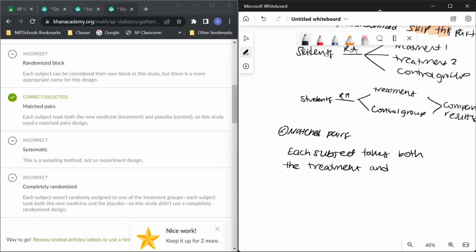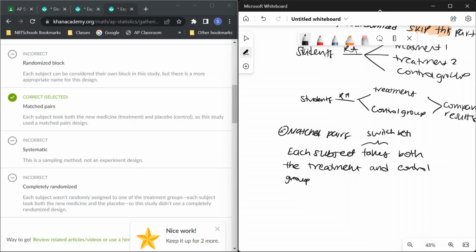A control group can be a placebo. So each subject takes both the treatment and control group at some point in time. I don't think it could be at the same time, can it? At some point in time, or they switch between.